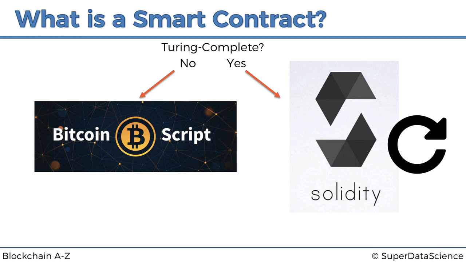And the reason it's not in Bitcoin Script is not by accident, it's intentional. They did not include it because, as we will see further down, smart contracts or programs on blockchains actually run on every single node in the chain, and they can really slow the chain down.